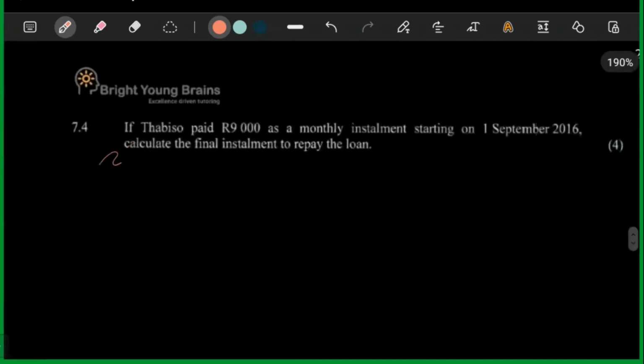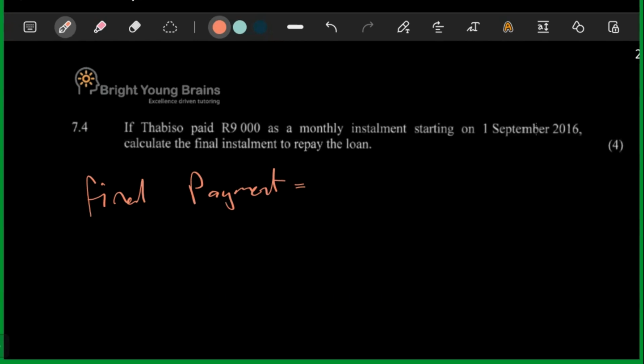The final payment is a formula, you see. The final payment on your loan is something you can always just remember. What you have to do is work out the balance on the loan after the 35th payment, and then whatever that balance is, it has to gain interest for 1 month.